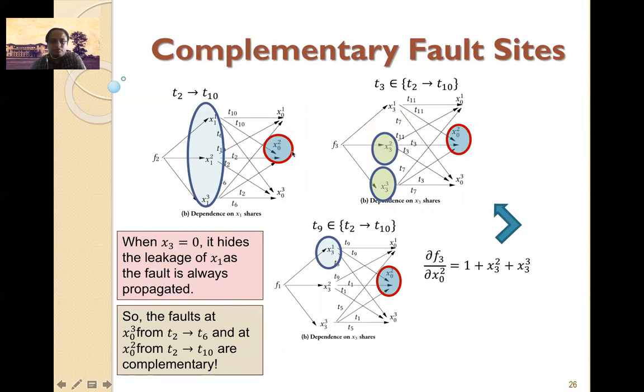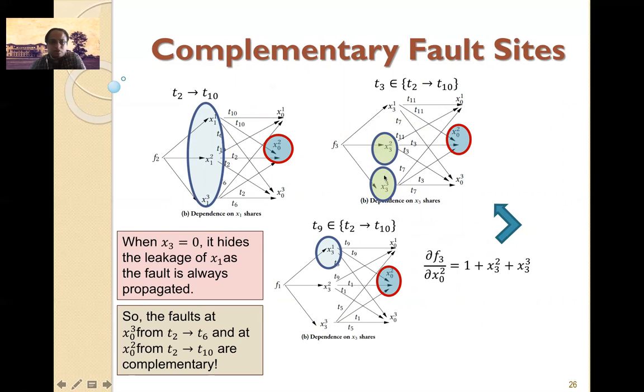For example, if the fault is at x02, for the duration from t2 to t10, we see that all the shares of x1 get leaked. But if you consider the leakage of x3 too, unlike the previous case, here, as you can see in the green shades, we have shown instances for x32.